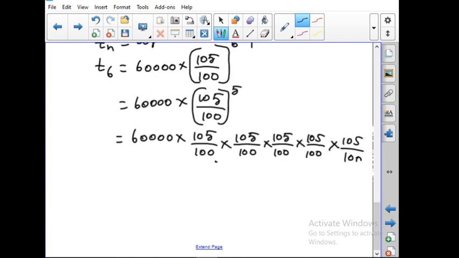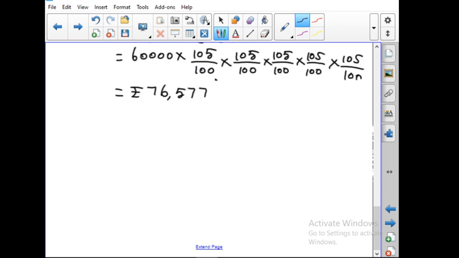We can simplify, and we get the answer as rupees 76,577. Students have to do it carefully and simplify to get the answer.